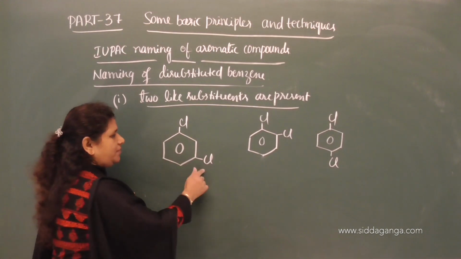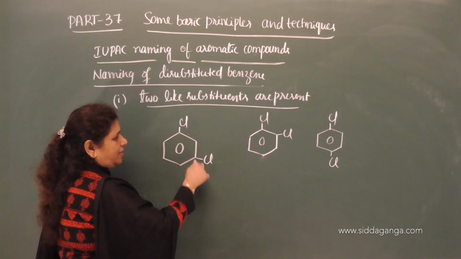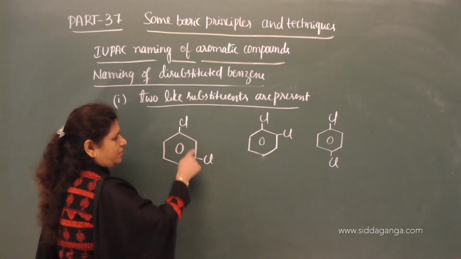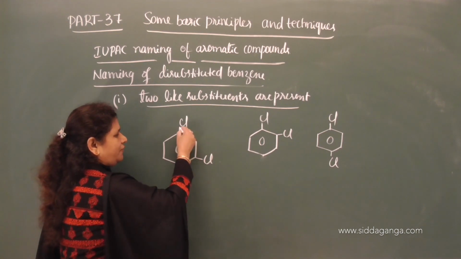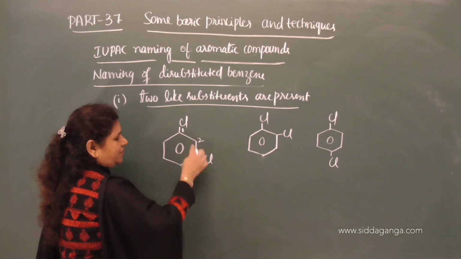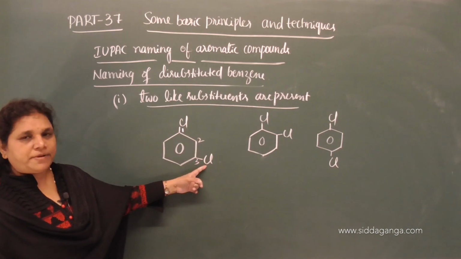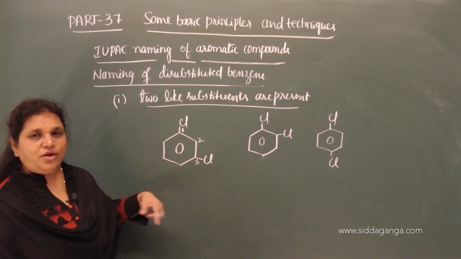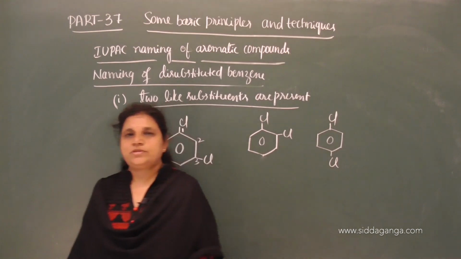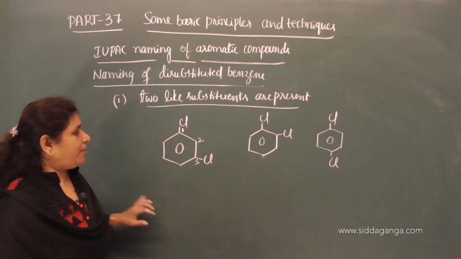So, how to name this? The 2 chlorine atoms are on alternate positions, one after the other. So, 1, 2, 3. If you number from this end 1, 2, 3, or else you can number from this end 1, 2, 3. So, it is alternate. Cl atoms are present on alternate carbon atoms. Then what is the prefix that we have to use for substituent groups present on alternate carbon atoms?